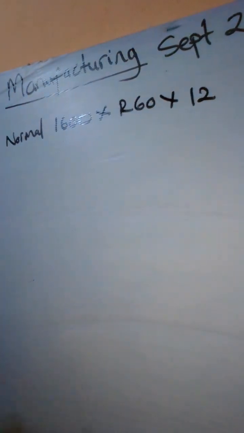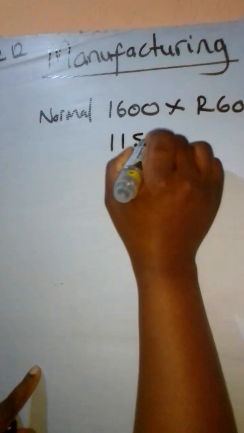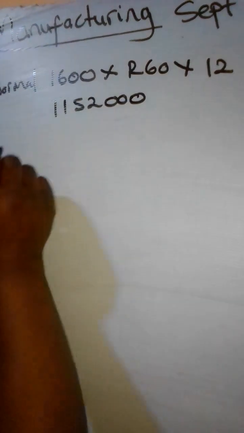So 1600 times 60 times 12 gives us 1,152,000. That is for the normal time.